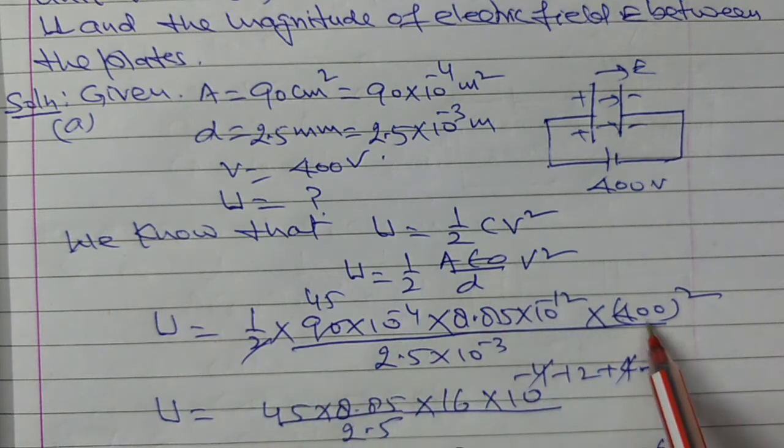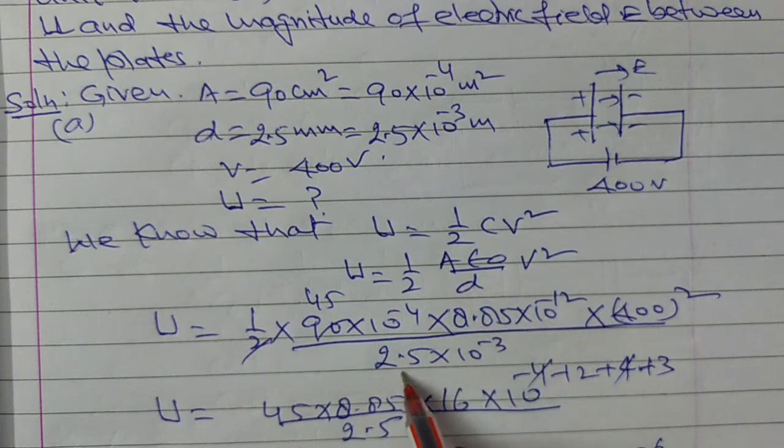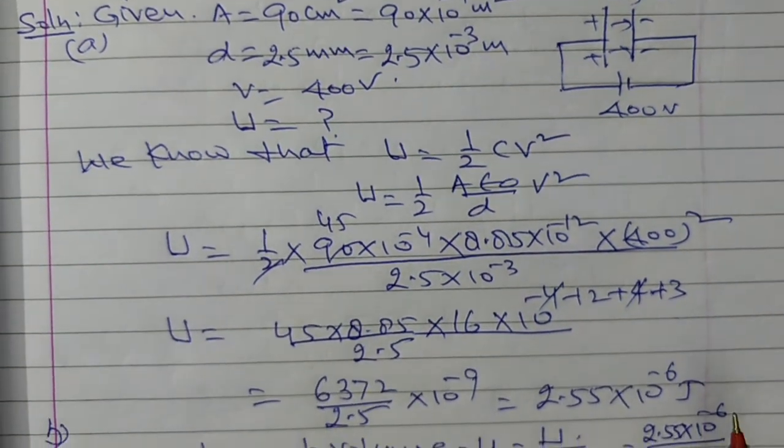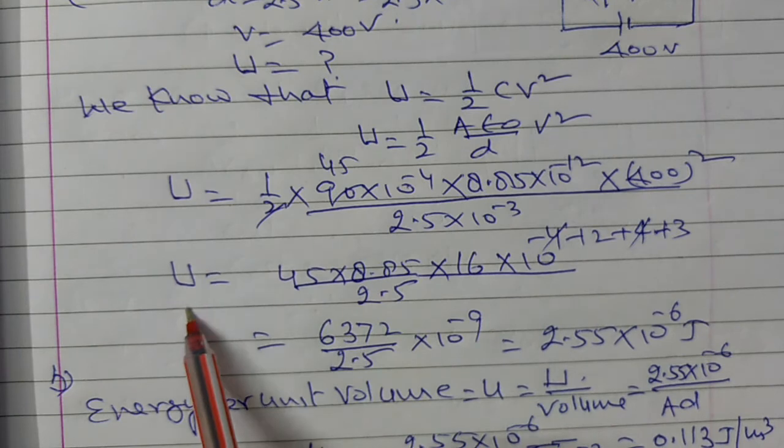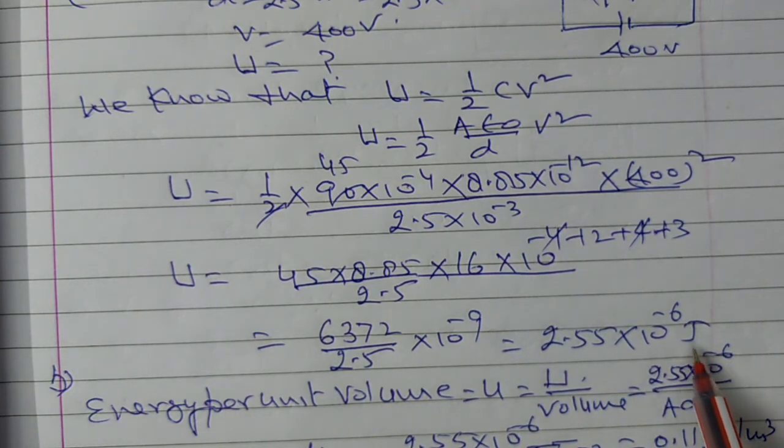Now on putting the values, V की वैल्यू हमें गिवन थी, epsilon naught जानते हैं, एरिया गिवन है, and this separation is also 2.5 into 10 to the power minus 3 is given. Now on solving, the energy stored by the parallel plate capacitor, capital U, is equal to 2.55 into 10 to the power minus 6 joule.